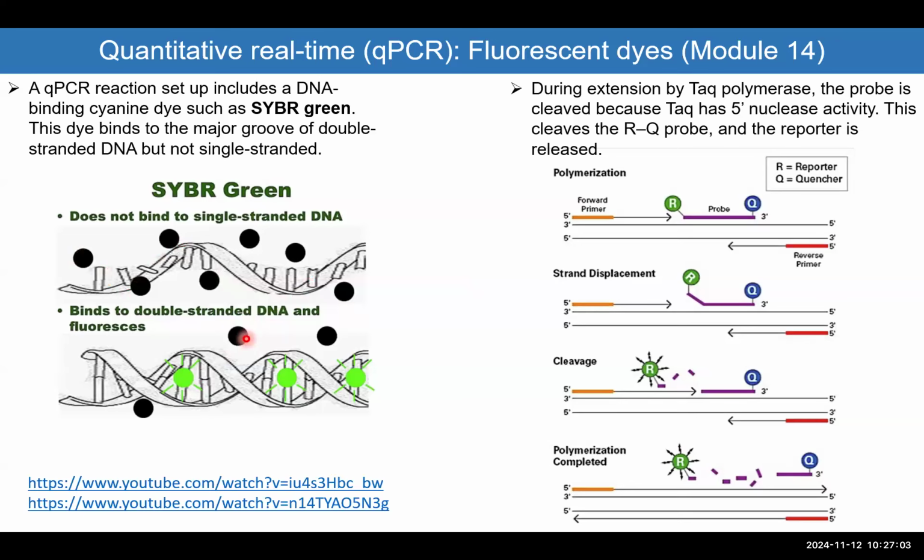You have to first unwind the DNA, primer 1 and primer 2 bind, and then while you are polymerizing and generating the second strand, SYBR Green binds, and then it starts fluorescing. But it's going to bind to any generated PCR product. That's why it's less specific.